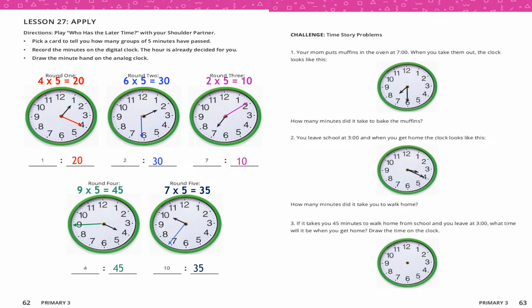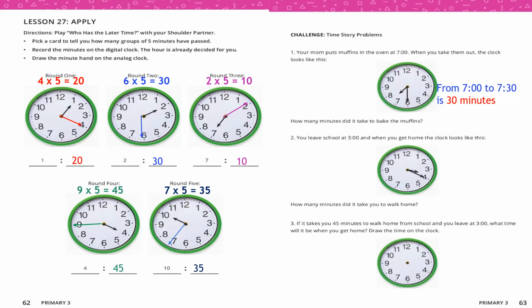The shorthand for 7, so it's a 7, and the long hand for 6 means 6 times 5, 30. So our time here is 7:30. Between 7 o'clock and 7:30, we have 30 minutes. So he is asking how many minutes did it take to bake the muffins? It means 30 minutes.